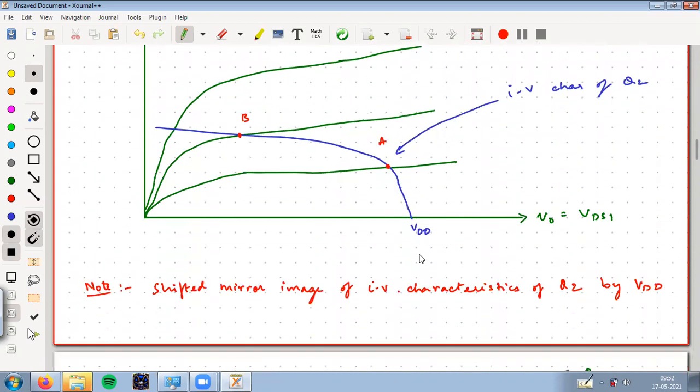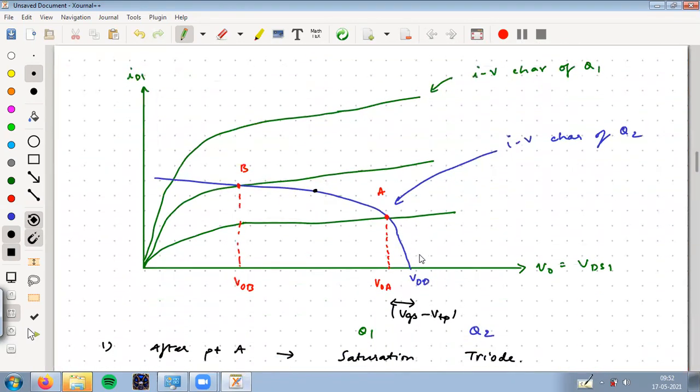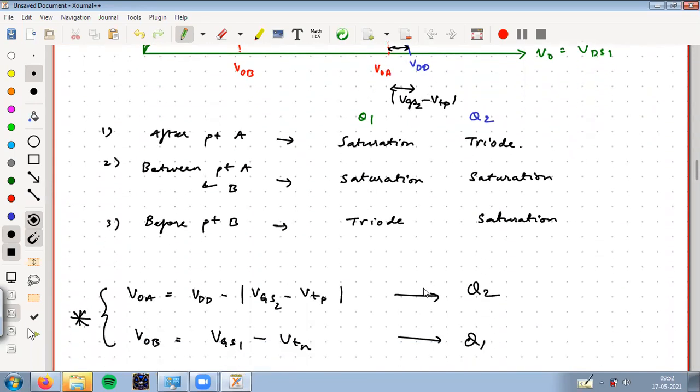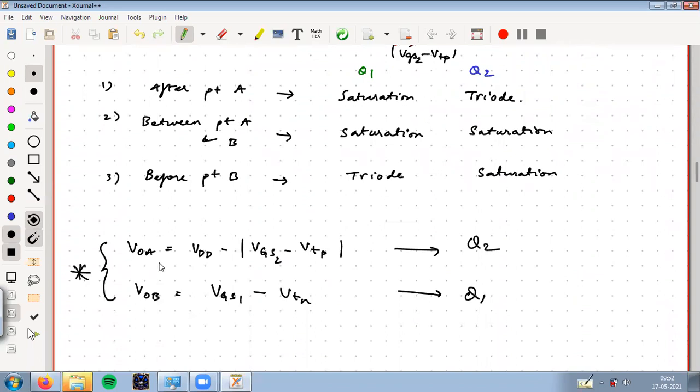The difference between these 2 points will still be VGS2 minus VTP only. But when I measure it on this axis, I have to subtract the difference from VDD. Then VOA is VDD minus modulus of VGS2 minus VTP. So these are the 2 points which you must try and understand: VOA and VOB.